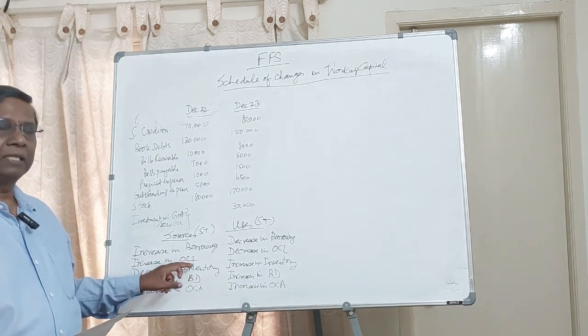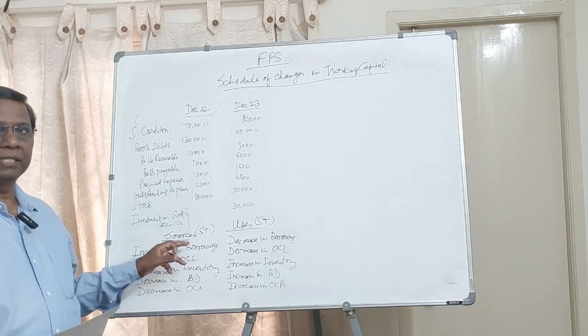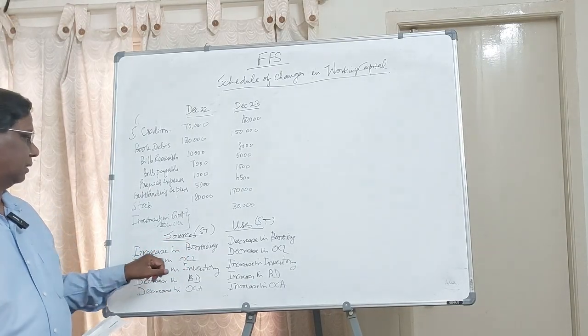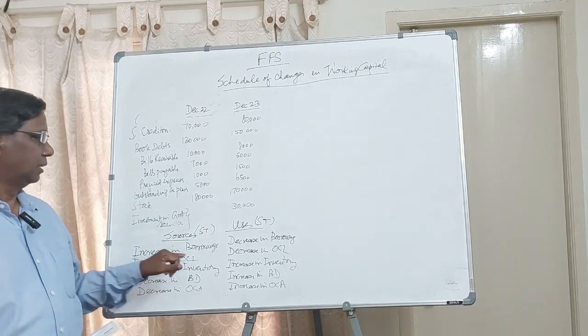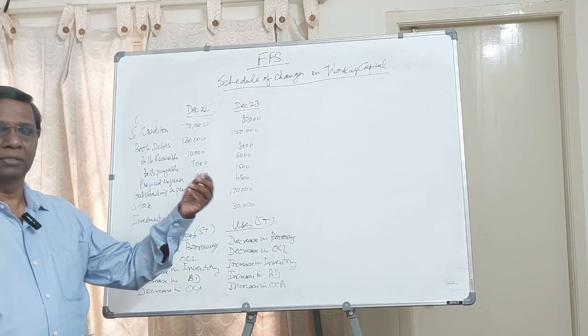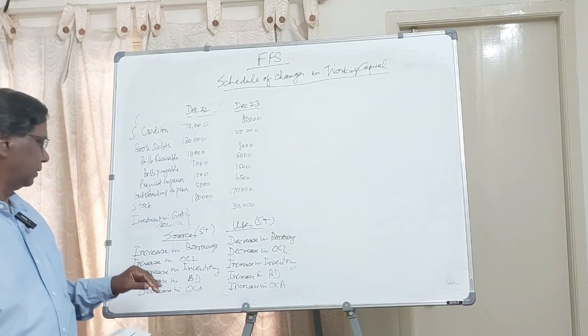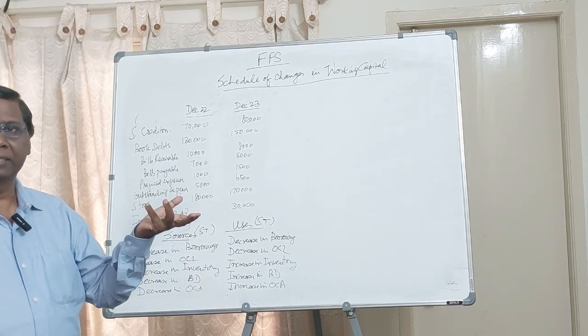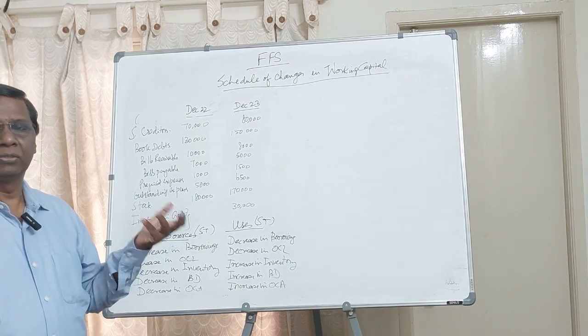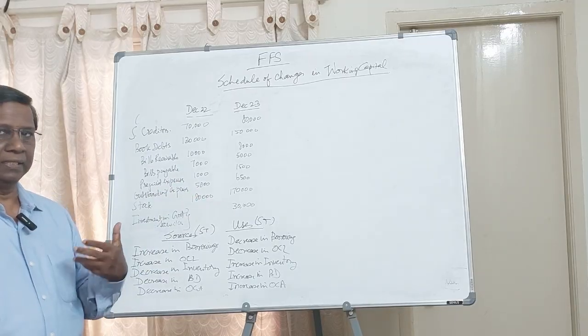Increase in other current liabilities, naturally, the creditors are giving credit to you, so it is a source. Decrease in other current liabilities, you are paying your creditors, then it is outflow. Decrease in inventory is a source because you are selling and getting cash.